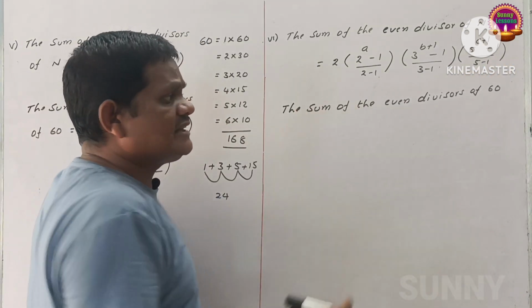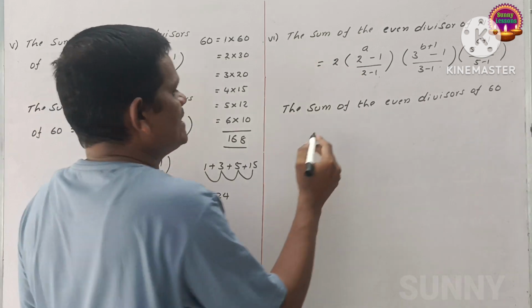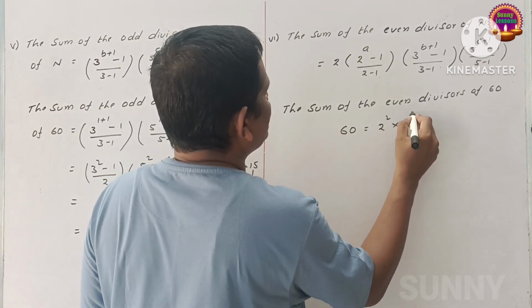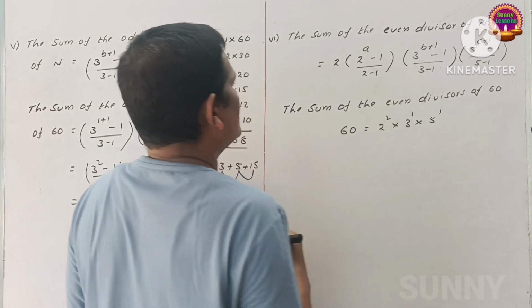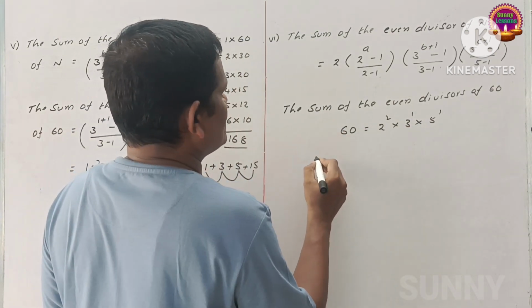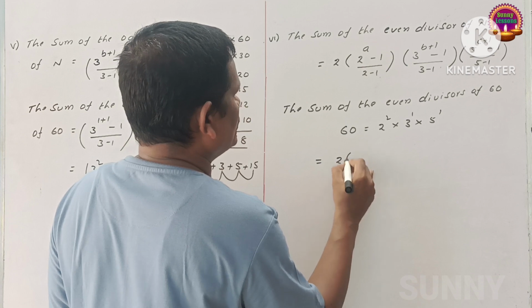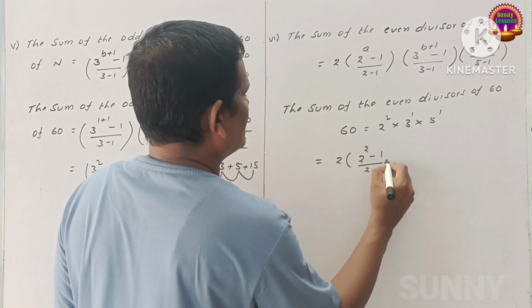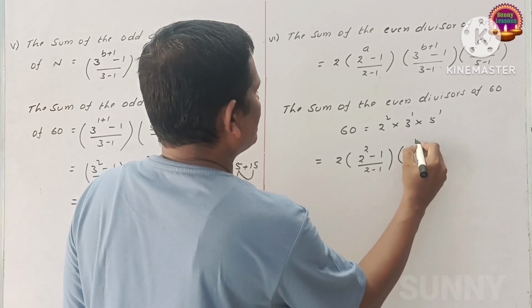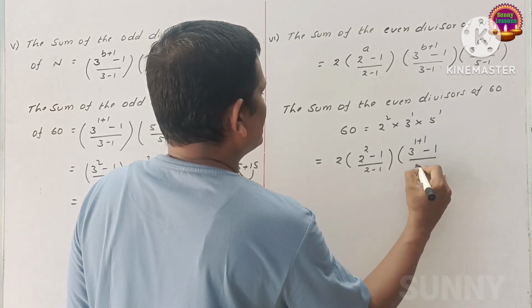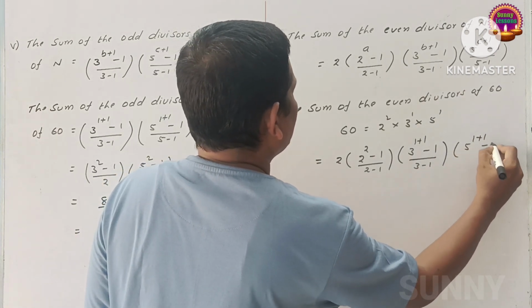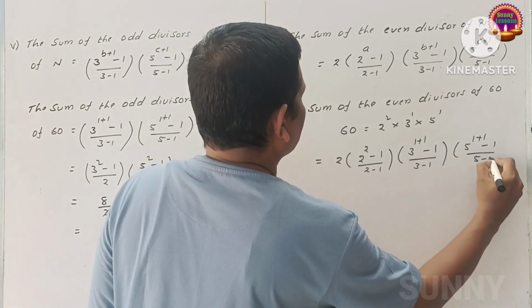Find the sum of the even divisors of 60. Here 60 we can write as 2 square into 3 power 1 into 5 power 1. So the sum of the even divisors of 60 is equal to 2 into (2^2 - 1)/(2 - 1) into (3^(1+1) - 1)/(3 - 1) into (5^(1+1) - 1)/(5 - 1).